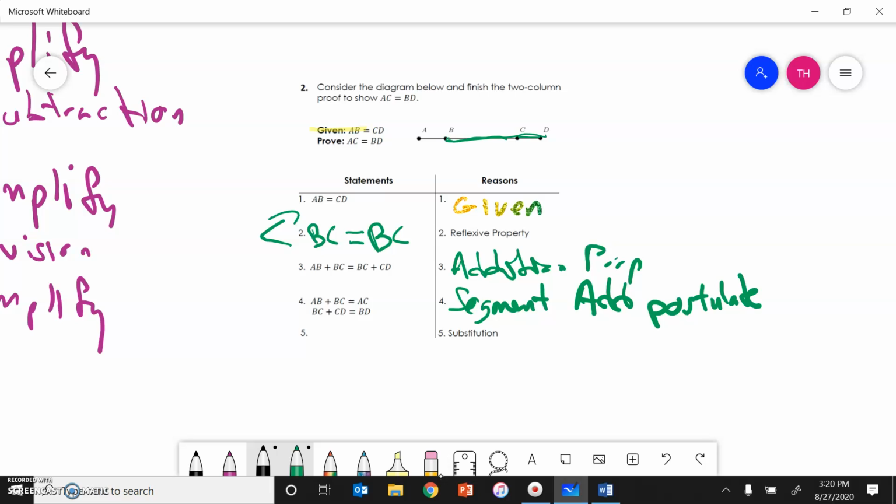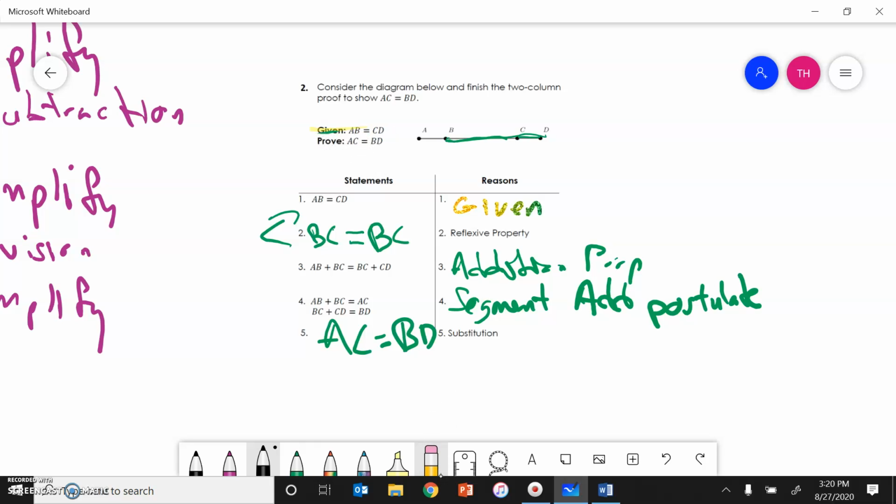And then they just want me to substitute. My last statement should always say what's being asked to prove. We are asked to prove AC equals BD.